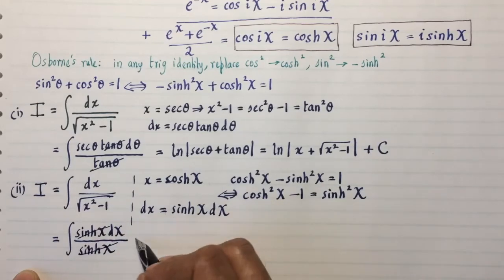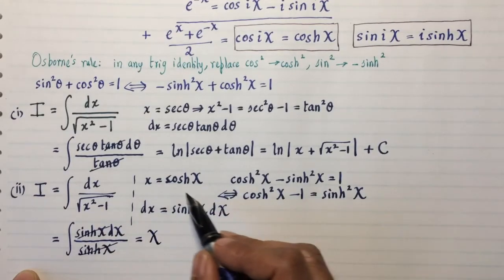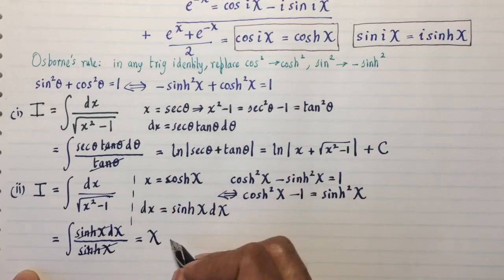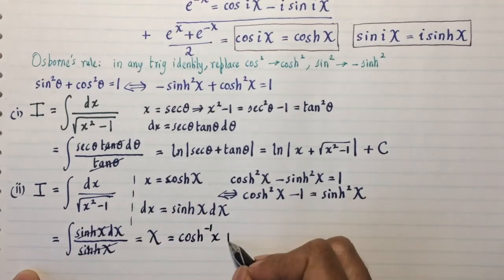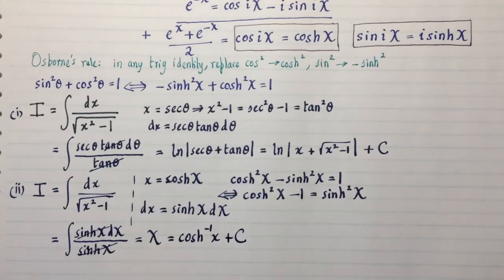The sinh cancels out and I simply get chi. Well, chi is the arccosh of x plus C.